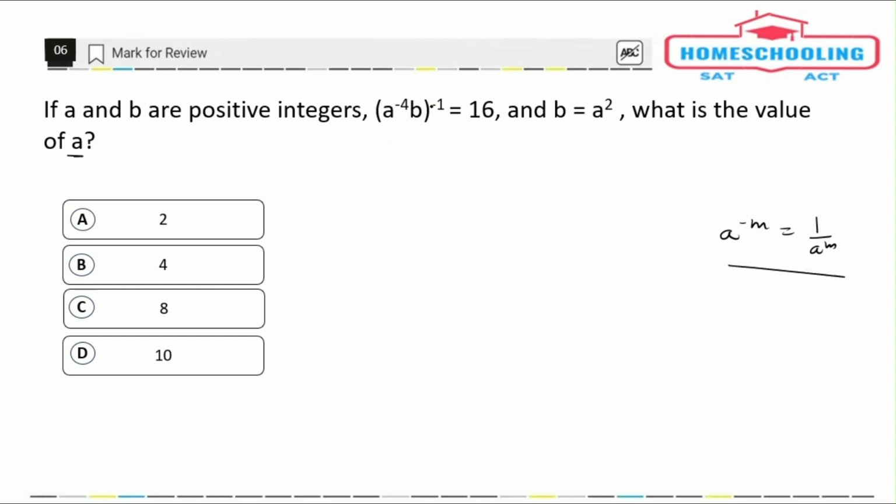As we can see here, a negative sign is there. So what we're going to do here is 1 by a to the power minus 4 into b is equal to 16.